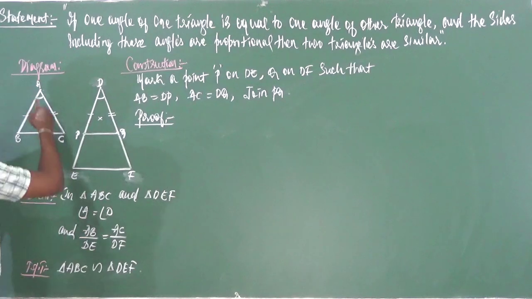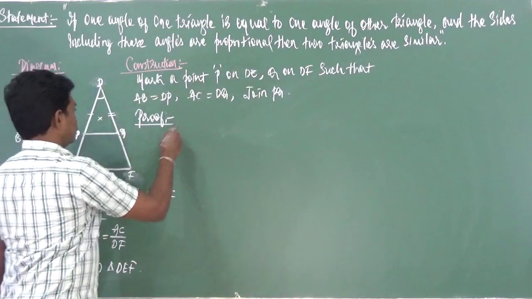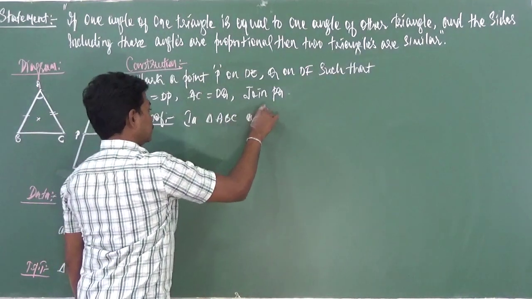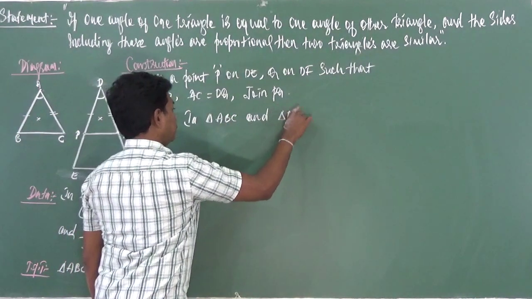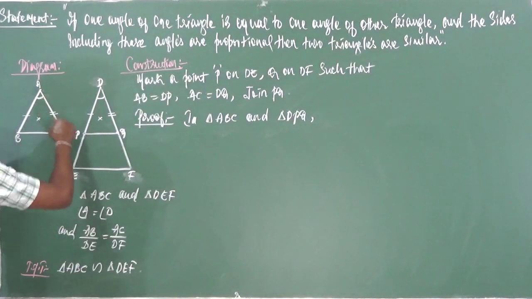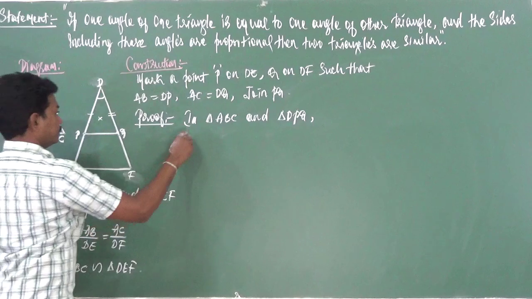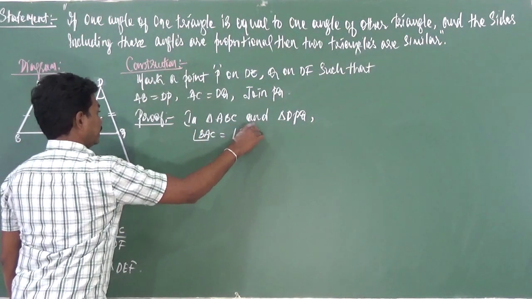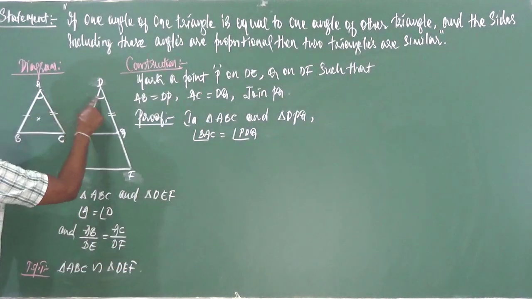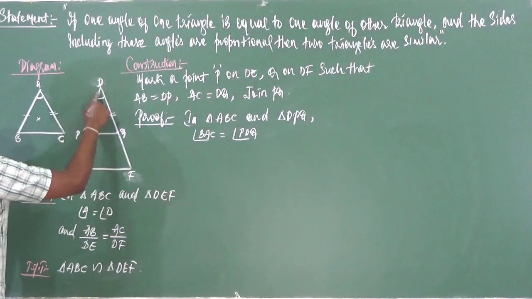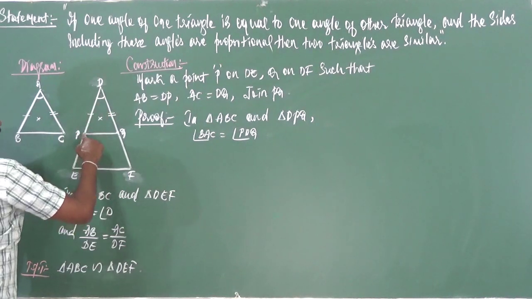So in triangle ABC and triangle DPQ, in both the triangles, angle BAC is equal to angle PDQ, because angle A is equal to angle D, it's already given. So angle A can be read as angle BAC and angle D can be read as angle PDQ.